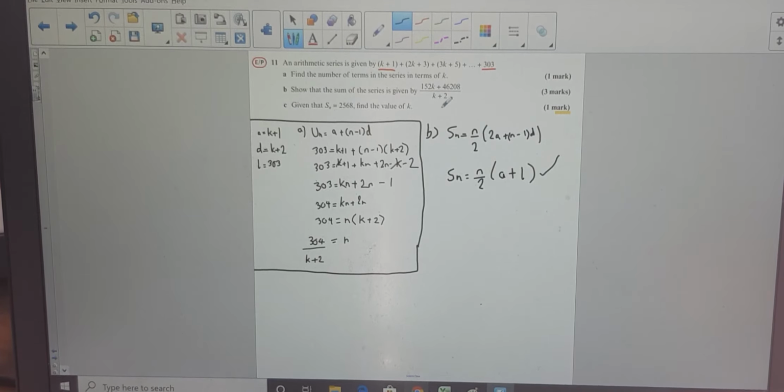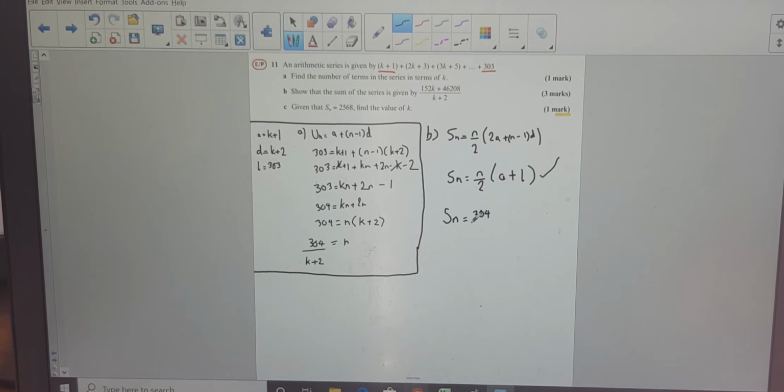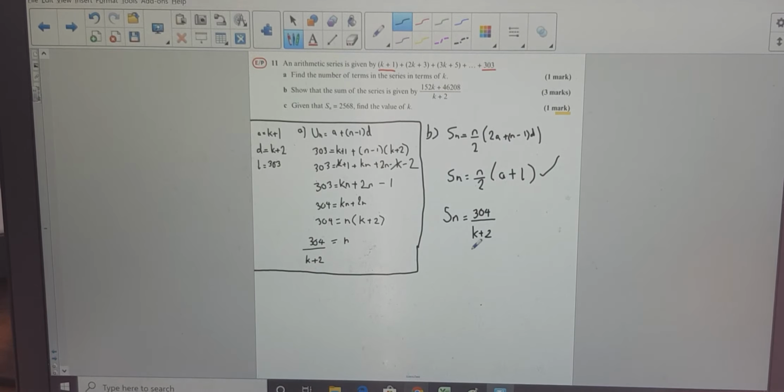So the sum to n terms. Show that the sum of the series, so the sum of all of it, I'm just going to call it Sn because I don't know how many terms are in there, is equal to n, which I just worked out is 304 over k add 2, all being divided by 2.